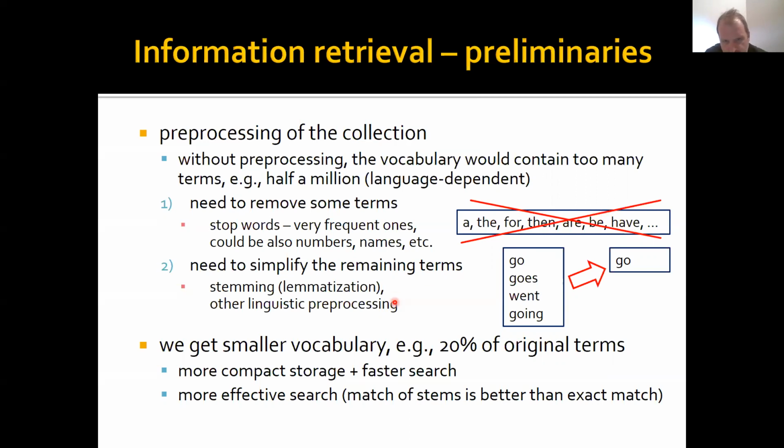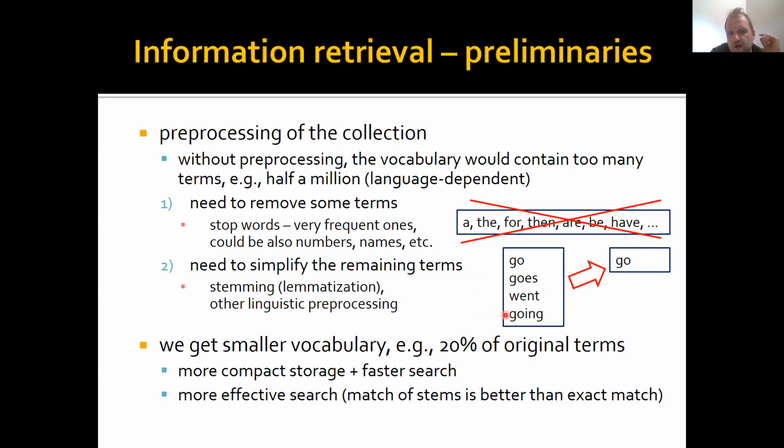Then we need to simplify the remaining terms, because we end up with words that are not stop words, but these words are present in many forms because of the linguistic modifications of the same stem of the word.